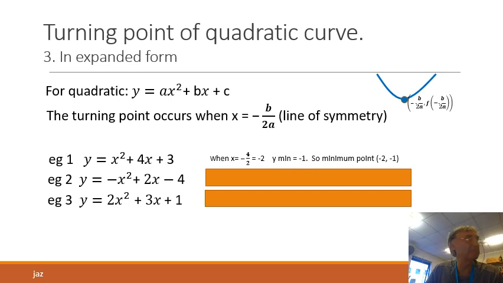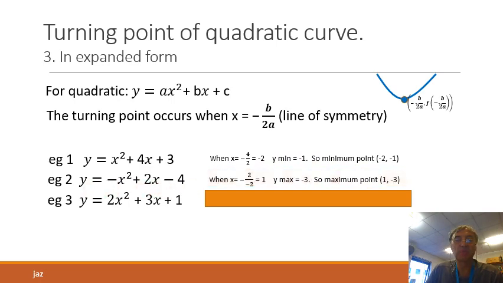Similarly, if we have y equals minus x squared plus 2x minus 4, minus b is minus 2, and a is minus 1, so 2a is minus 2, and so you get minus 2 over minus 2, which is 1, and so the x-coordinate of the turning point is 1, and the y-coordinate is obtained by substituting that 1 into the formula.